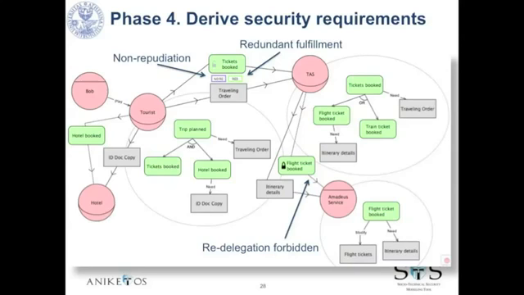So when the tourist is specifying non-repudiation over its delegation of tickets booked to TAS, it expects TAS to make a commitment on tickets booked for non-repudiating the delegation of tickets booked from the tourist. And when TAS is specifying no delegation, when delegating all flight tickets booked to the Amadeus service, it is expecting the Amadeus service to commit to not further delegating this goal to any other party.